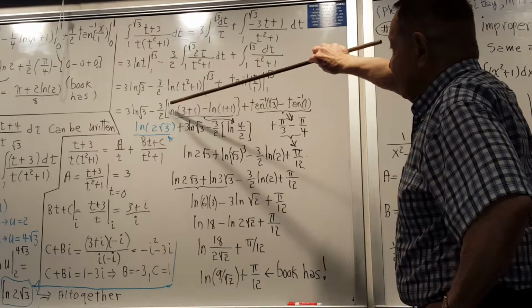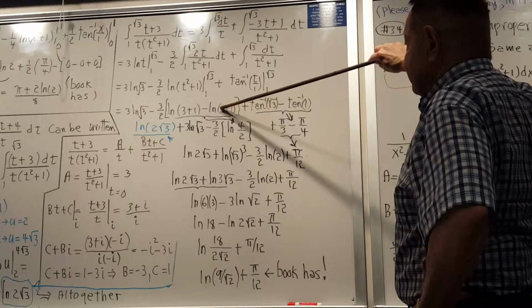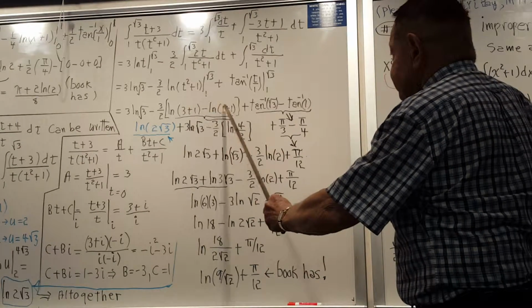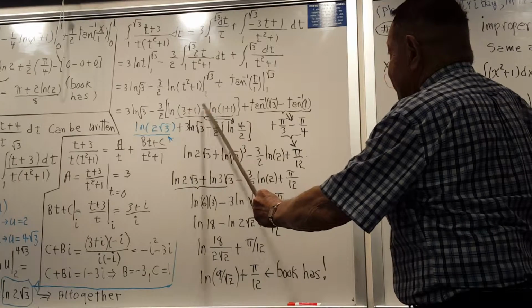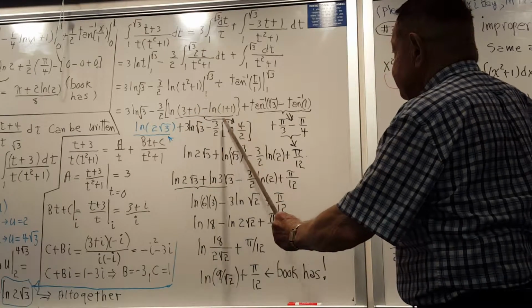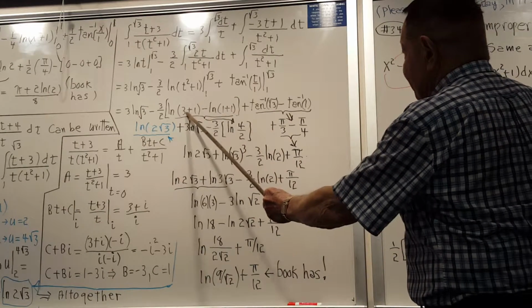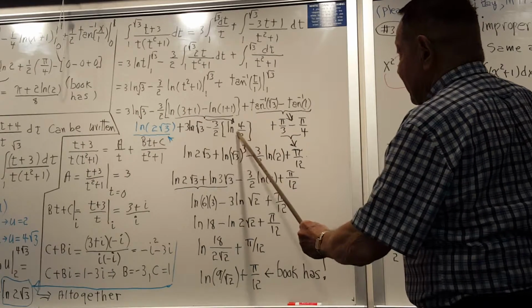You see, you have log 4 minus log 2, so that's over here, log of 4 over 2, and the minus 3 halves.